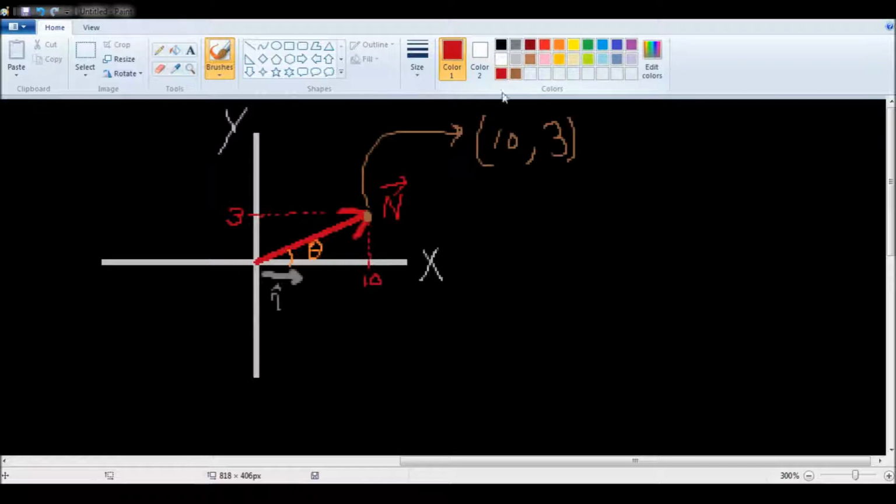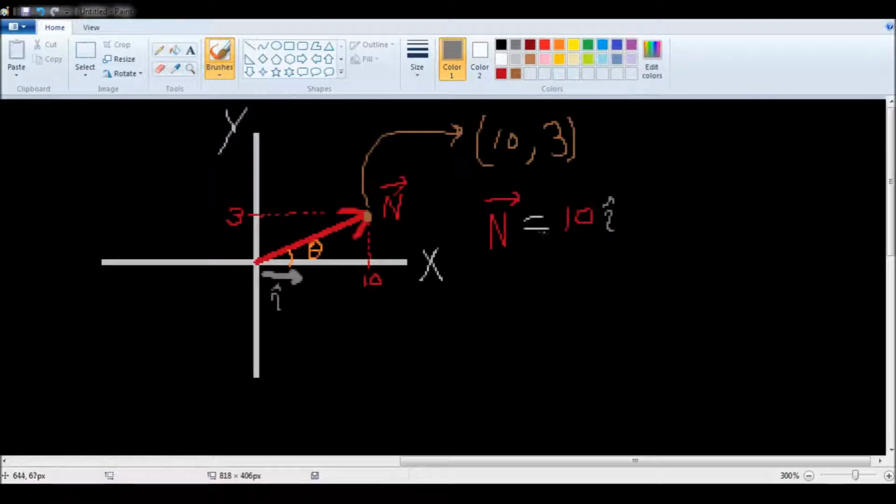So that means that I can rewrite my vector n as 10 i hat.